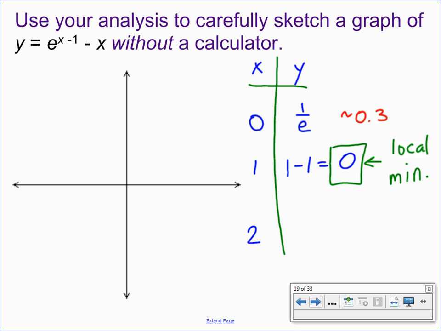Awesome. And x equals 2 into my original function. e to the 2 minus 1 is e to the first is e minus 2. So exactly e minus 2. e minus 2 would be about 2.71828, so 2.7 minus 2 is about 0.7.